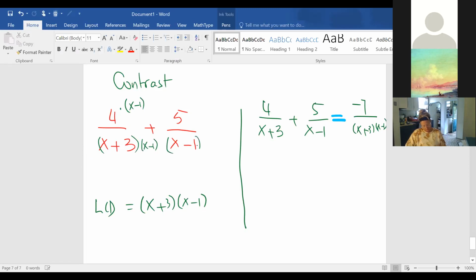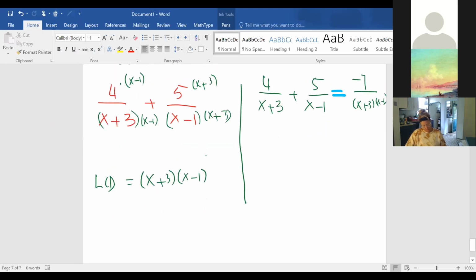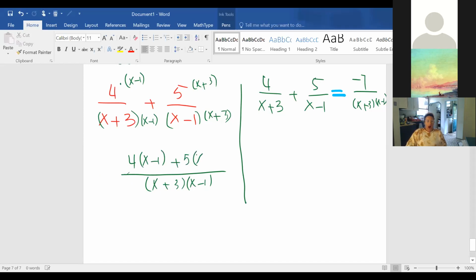And here, what is missing is x plus 3, right? That's what we learned last week. So when we do that, we get (x plus 3)(x minus 1) on the bottom, and we get 4 times (x minus 1) plus 5 times (x plus 3).